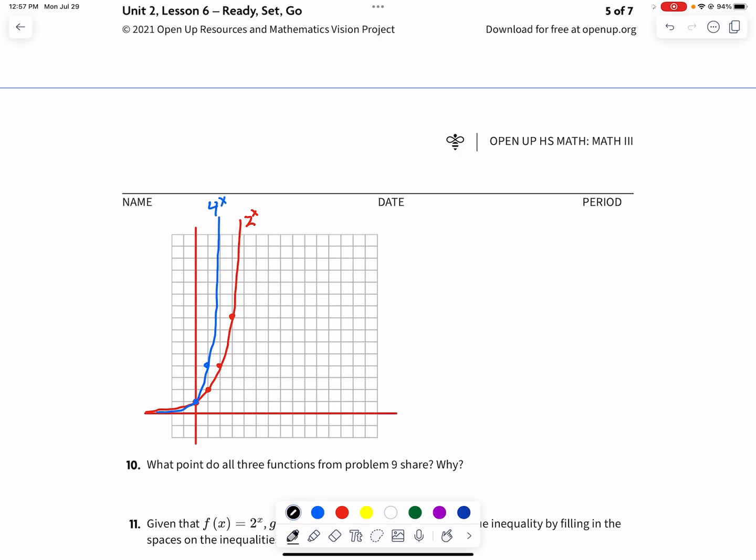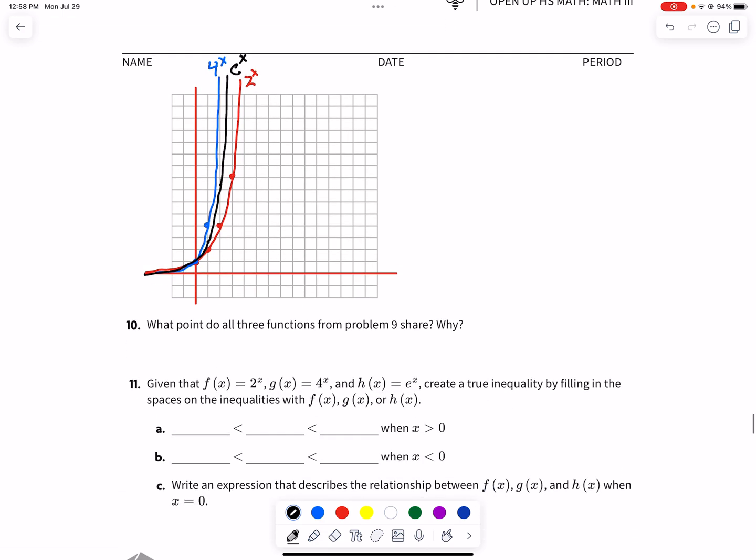E to the x. E to the 1 is 2.7-ish, and then 7 point something. E to the x sort of wedges itself in between 4 to the x and 2 to the x. They all share the point 0, 1.